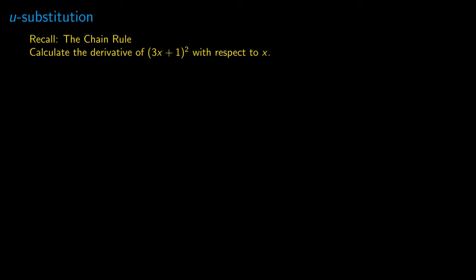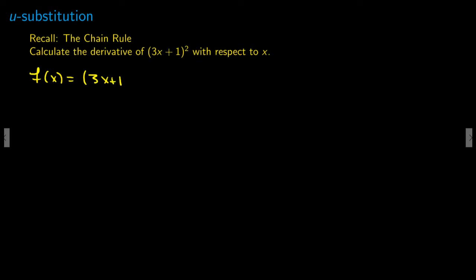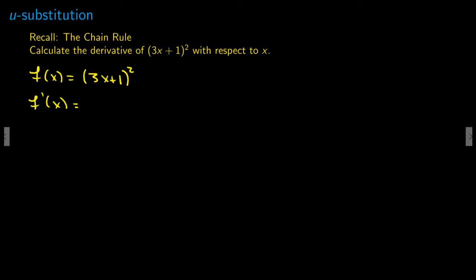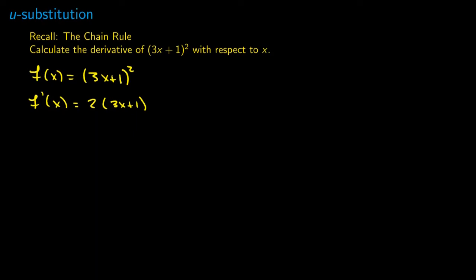So before we talk about U substitution, we're first going to recall the chain rule. If we have the function f of x equal to (3x plus 1) squared, then we can take its derivative using the chain rule, which says f prime of x will be equal to the derivative of the outer function, which would be 2 times (3x plus 1) to the first power, times the derivative of the inner function, which would just be 3.